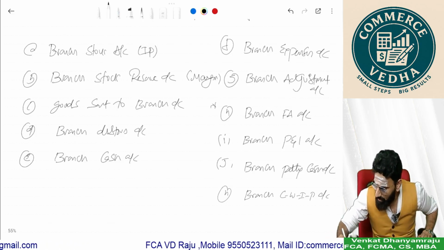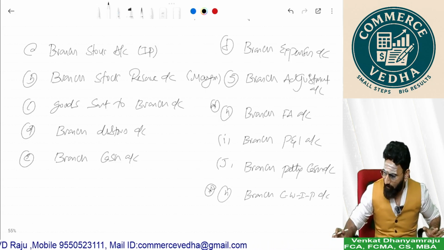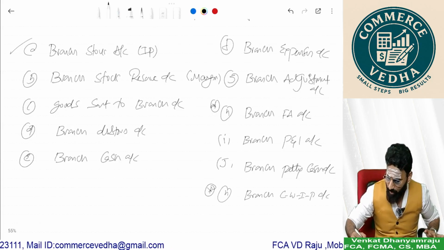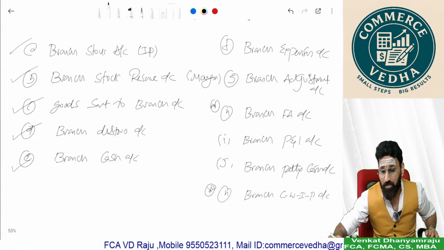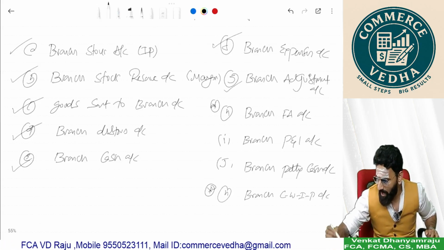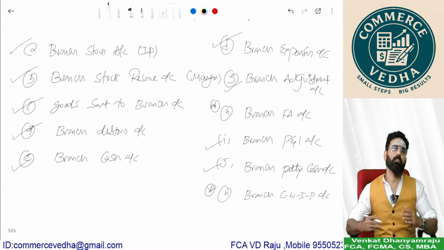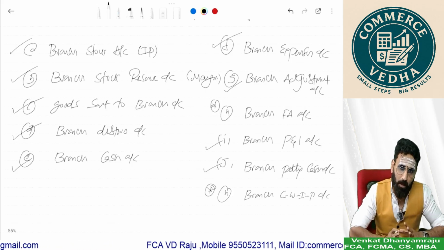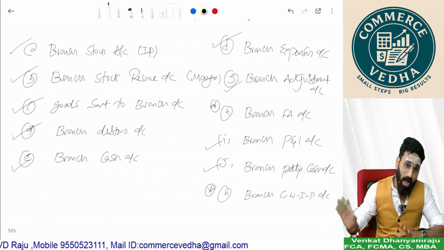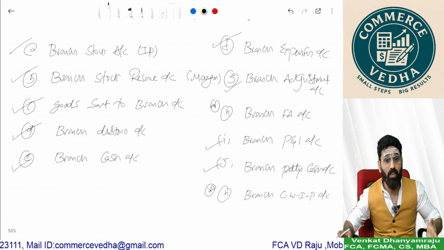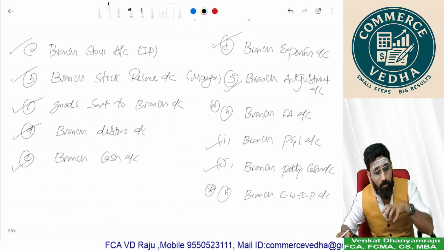Apart from that, branch stock reserve, goods sent to branch, branch debtors, branch cash, branch expense, branch adjustment, branch P&L, and branch petty cash are the regular accounts we should prepare in the books of HO for the transactions at and with the branch. Both transactions at the branch and transactions with the branch shall be prepared.